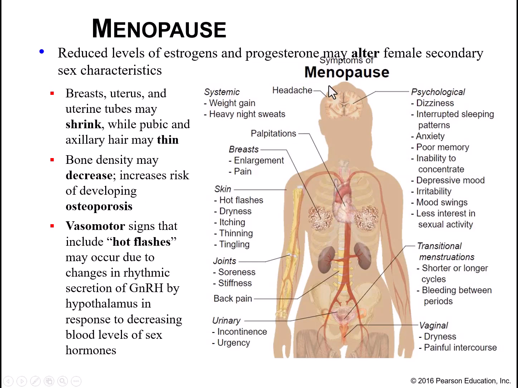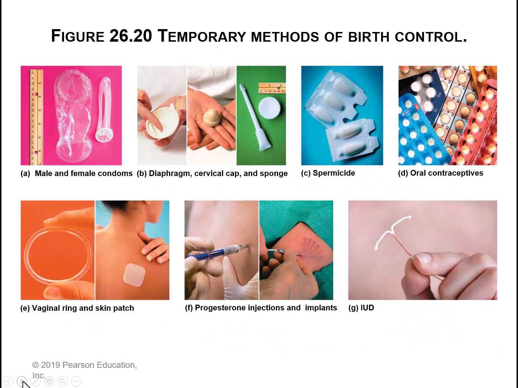And then here's a diagram depicting a lot of causes or symptoms of menopause: headaches, weight gain, hot flashes, vaginal dryness, pain during intercourse. So lots of things happen when we hit menopause. And remember, men can have andropause, but usually it's not quite as severe as a female's menopause.